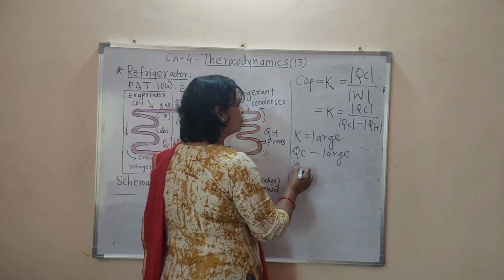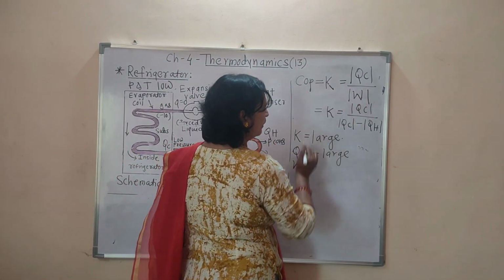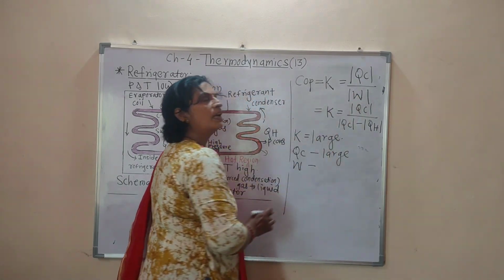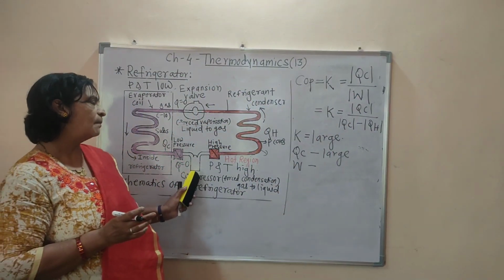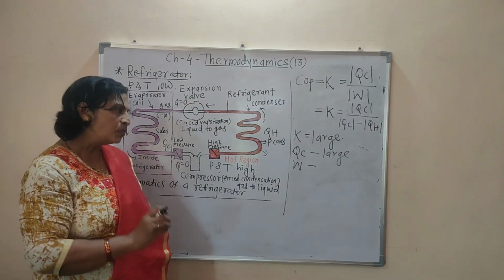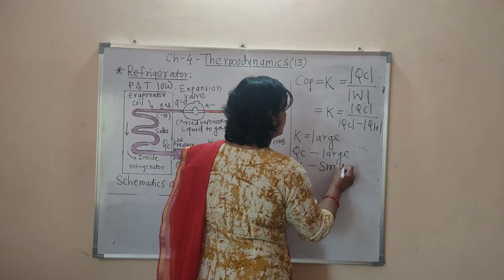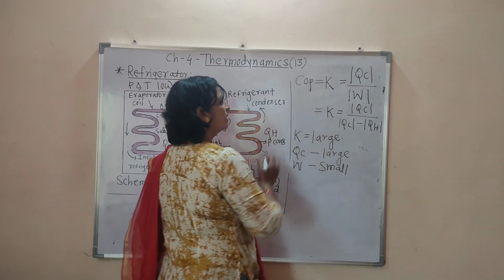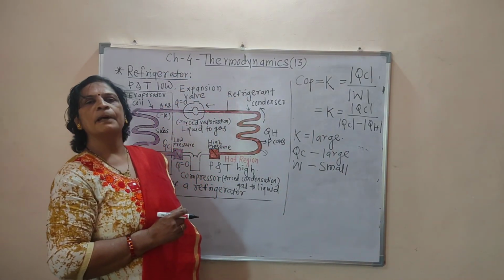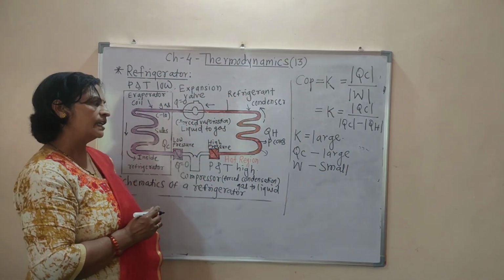And W should be small due to inverse proportion, meaning the work done by the compression should be small. This is the condition for greater performance of a refrigerator.